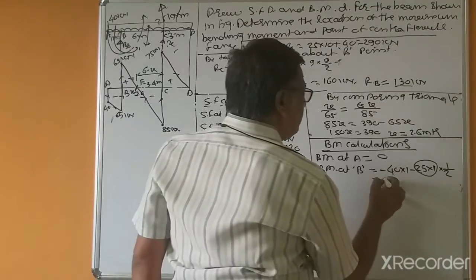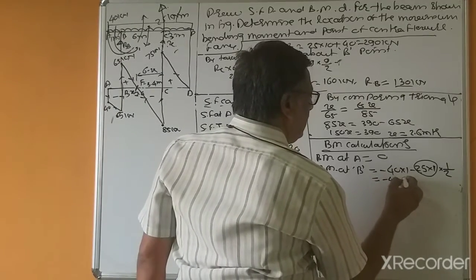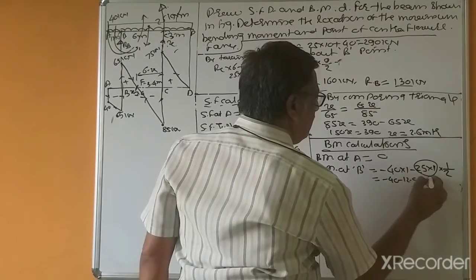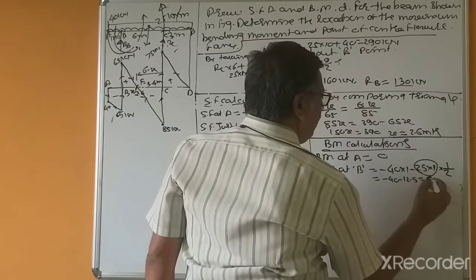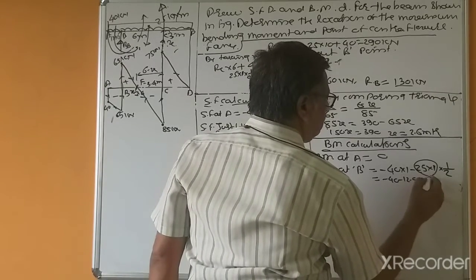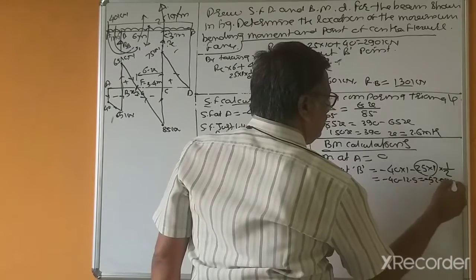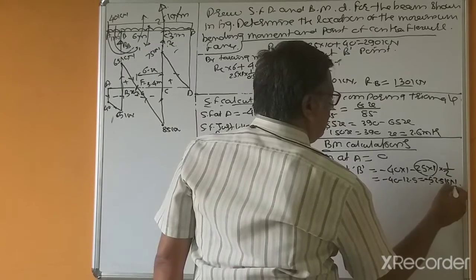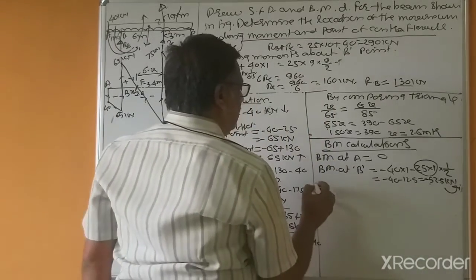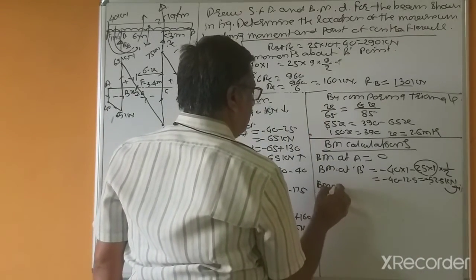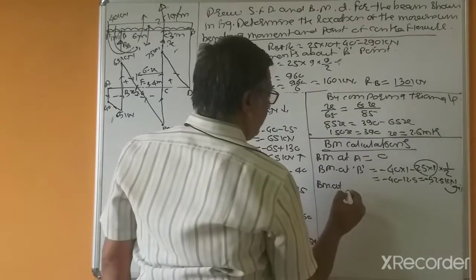So that's 40 minus 12.5, which is equal to 52.5 kilonewton meter, and this is anti-clockwise.